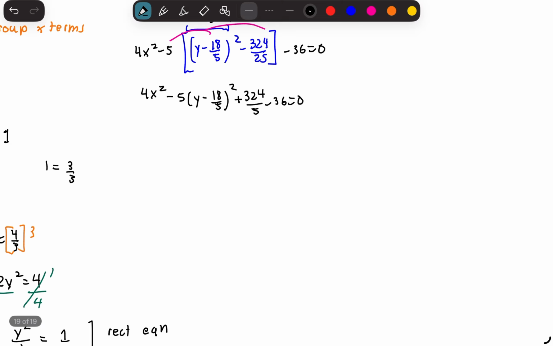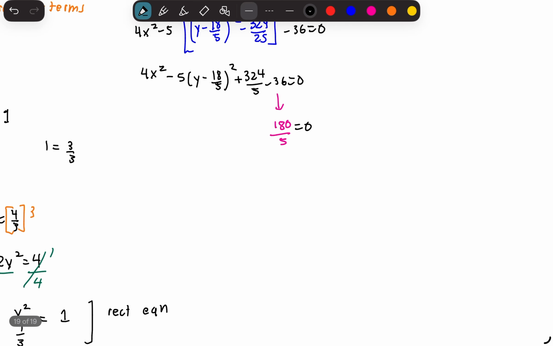And we know that 36, if we convert this into fifths, would also be something with a common denominator of 5. So 180 over 5. So that would be 180 over 5 plus 324 over 5 minus that. So this would be equal to 144 over 5.